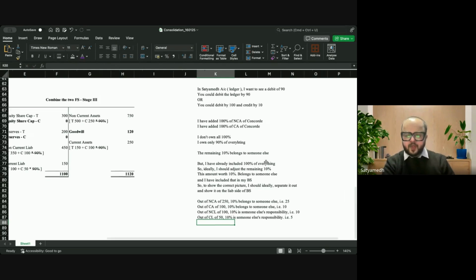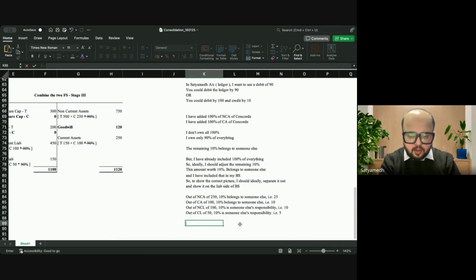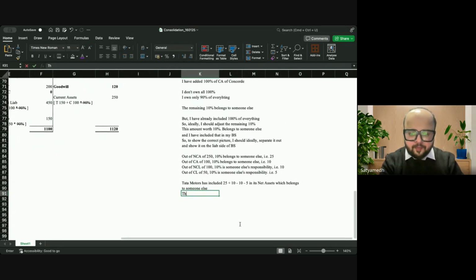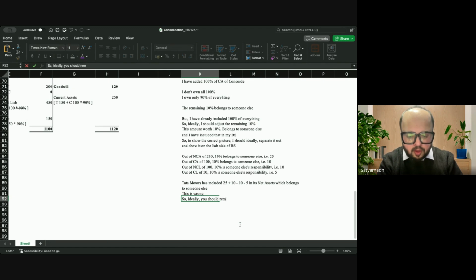That is 5. Okay. So Tata Motors has included 25 plus 10 minus 10 minus 5 in its net assets, which belongs to someone else. This is wrong. So ideally, you should remove it and show it as belonging to someone else.